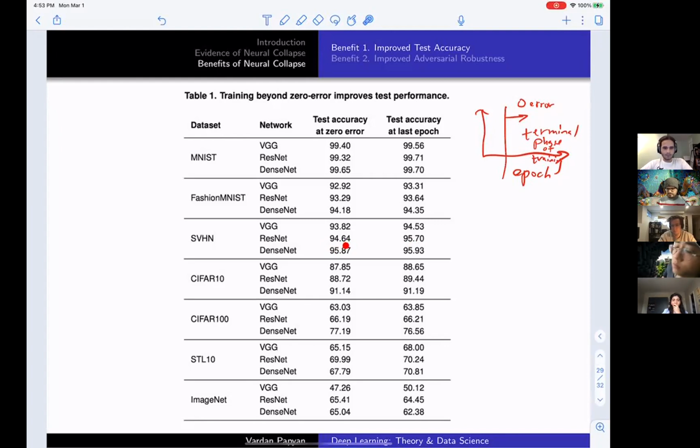If you train for more epochs after 0 training error, you get to 95.7. And these improvements are actually quite significant. It might look like a small improvement, but when you're dealing with this type of problem, any percent that you have is quite significant. And so overall, you can see that the terminal phase of training, in fact, improves your test accuracy.